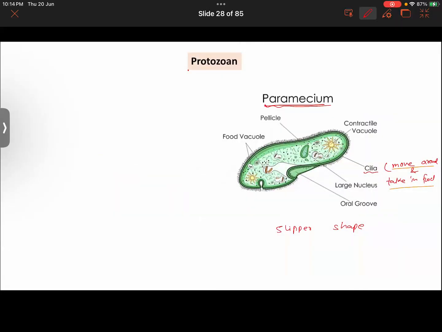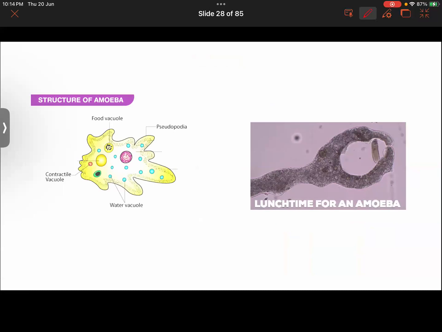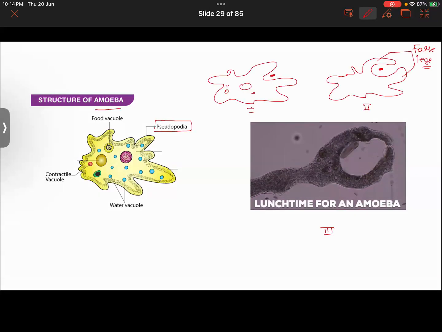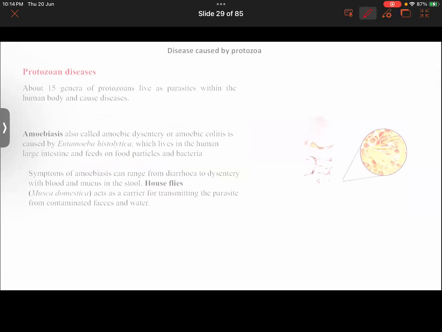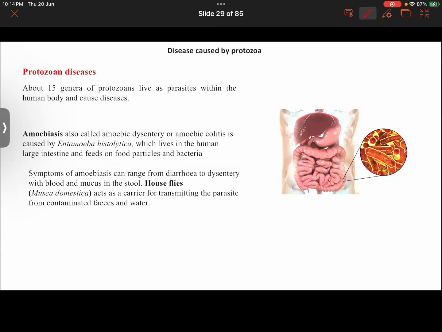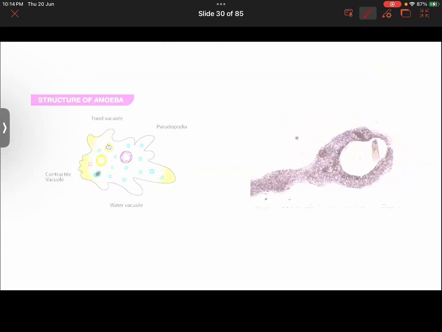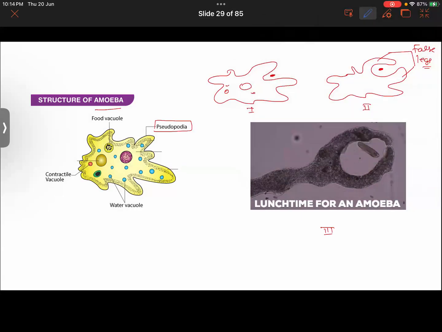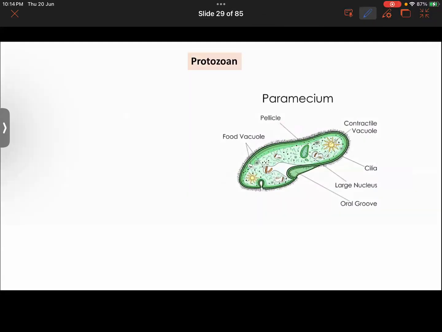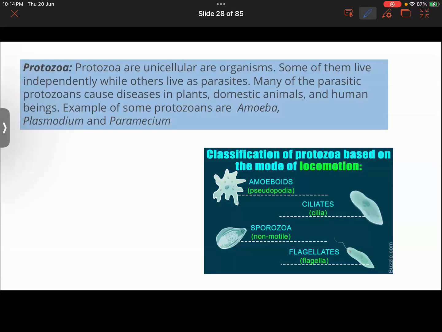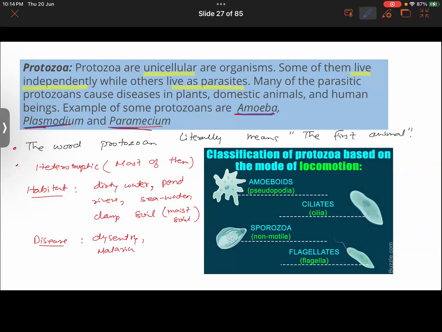You have the common examples: paramecium, amoeba, and then one more example, plasmodium. Although there are thousands of different protozoa, we have some common examples. Let us count all of them. You have amoeba, plasmodium, paramecium.